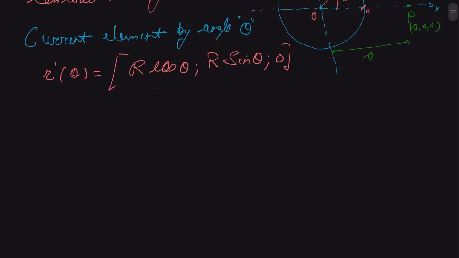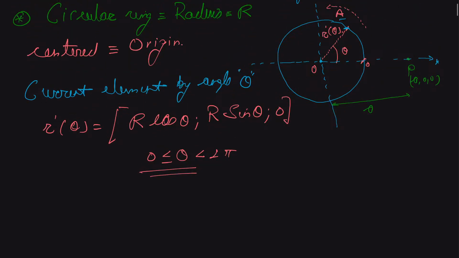And this theta will be greater than or equal to 0 and less than 2 pi. So basically, because we have taken this point A at any angle theta, and if we want to form a ring, this theta should be varying from 0 to 2 pi.